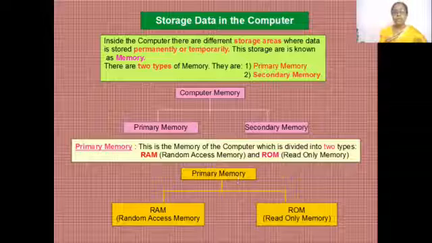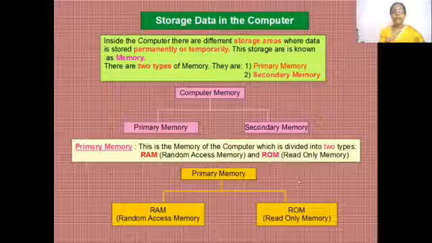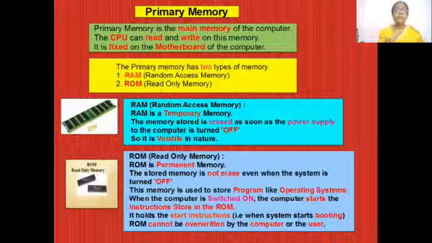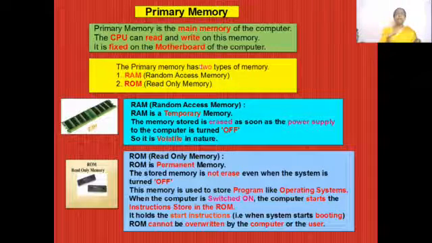Here I've made a flow chart. Primary memory is divided into RAM and ROM. Next slide. So the primary memory is the main memory that is in your computer.